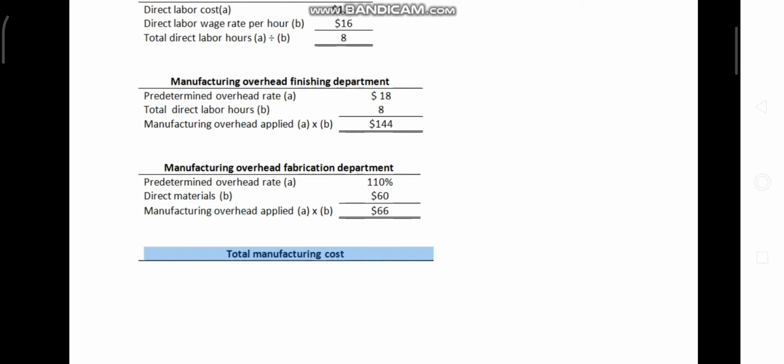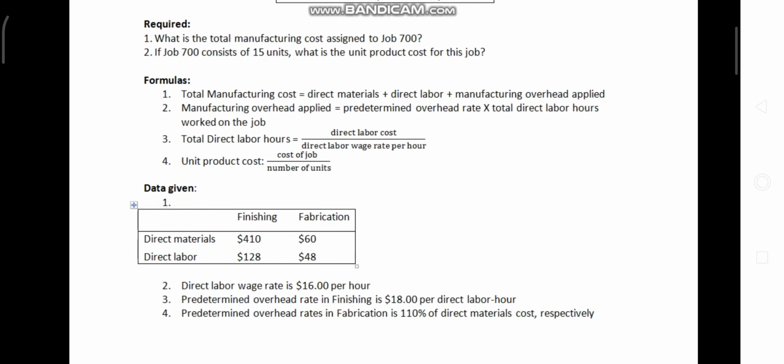Total manufacturing cost equals direct materials for finishing department, that is $410. I'm going to put that value. Direct material for fabrication department is $60. You can take it from here or from the original chart. We add these two, we get the total direct materials, that is $470.